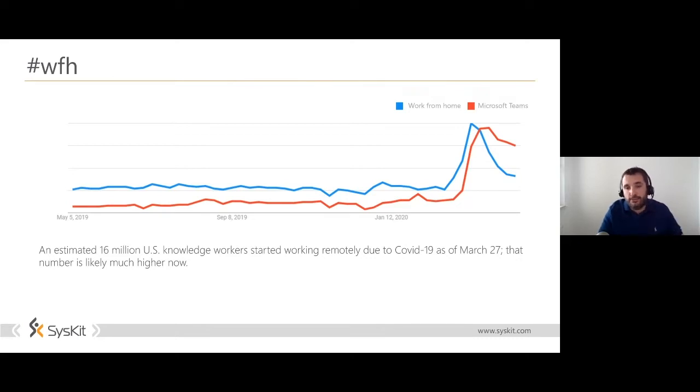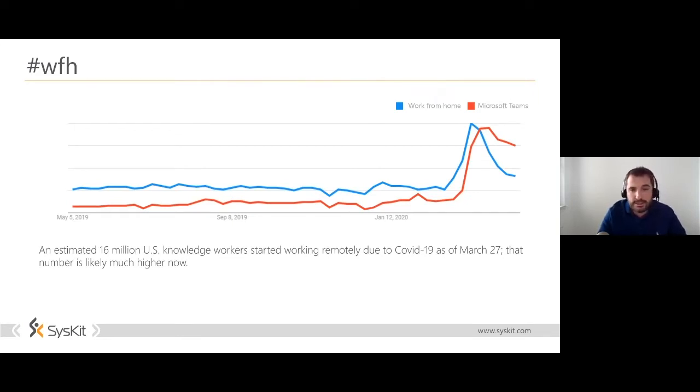That was followed by people looking for information regarding Microsoft Teams and technologies that enable us to work from home. Luckily, we haven't flattened this curve, so we are still looking into how to be more efficient with Microsoft Teams and how to work better with the technologies that we have.